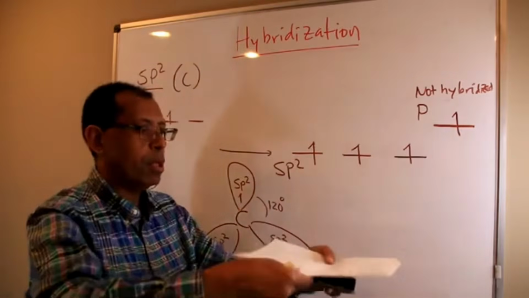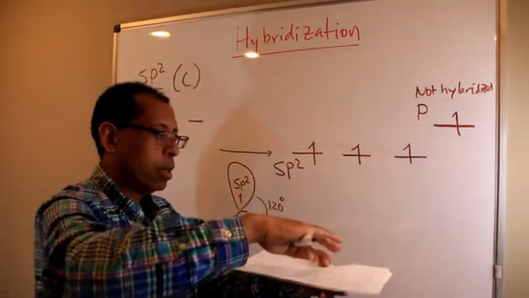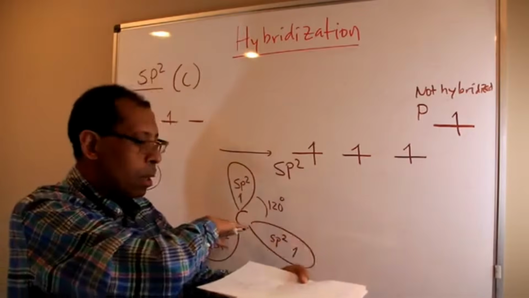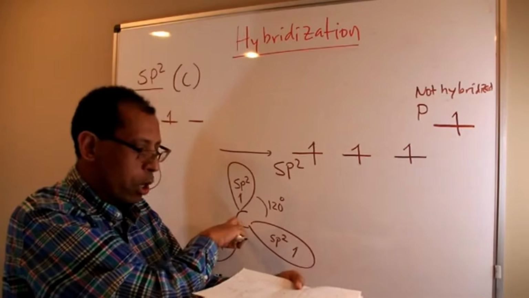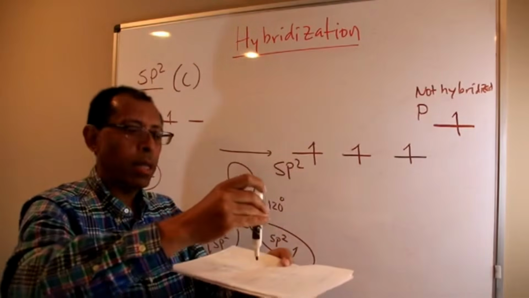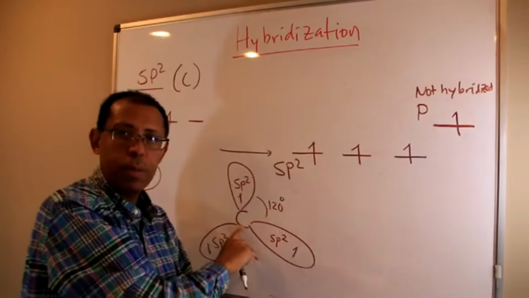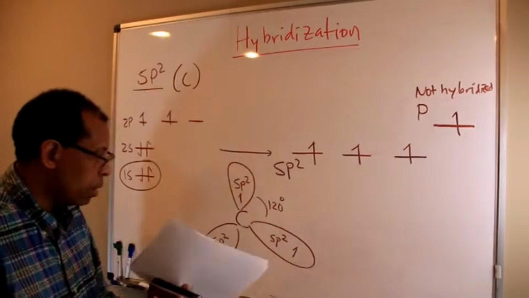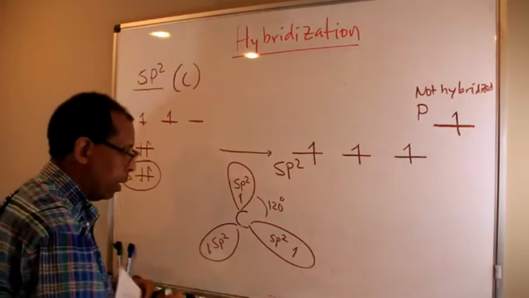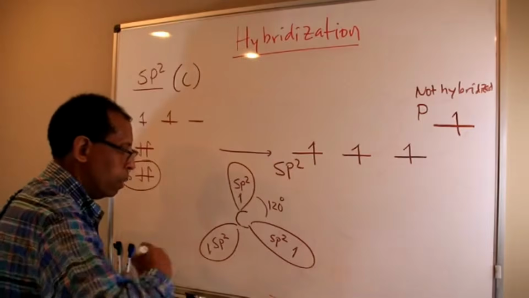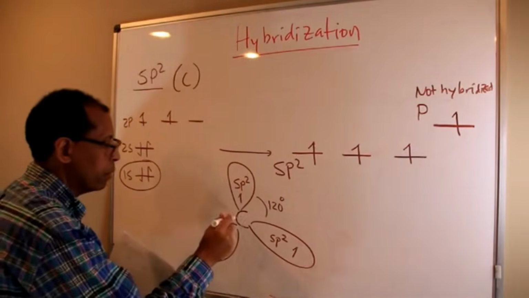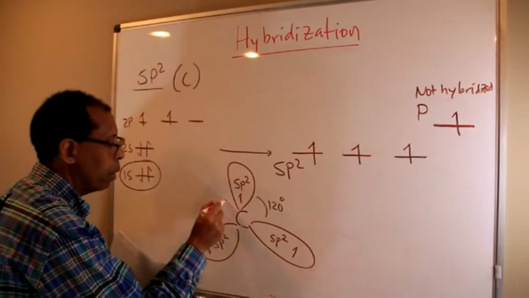For example, if these are all of the sp2 orbitals with carbon at the center in a flat molecule, a flat configuration, then the unhybridized p orbital stands at 90 degrees to this. So I will be drawing it so that you will identify it as a p orbital, but it is 90 degrees to the surface of these sp2 orbitals.